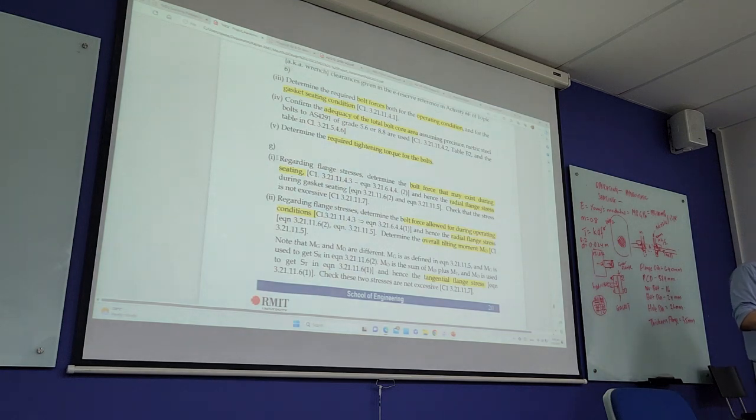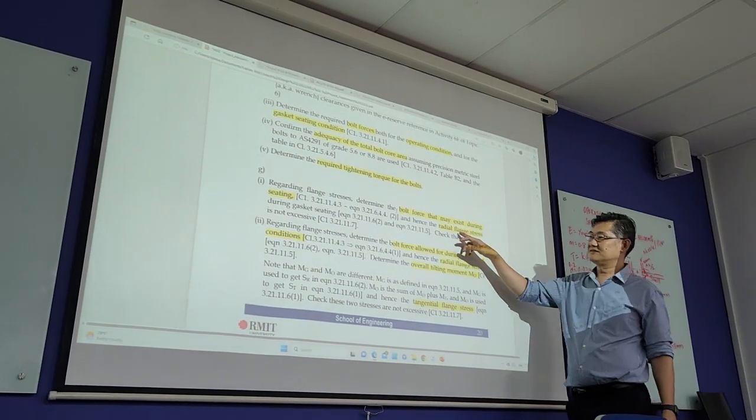Now we come to the G. Regarding the flange stresses, determine the bolt force that may exist during seating. So seating means no hydrostatic. So the stress: now our idea is to find out the radial flange stress.